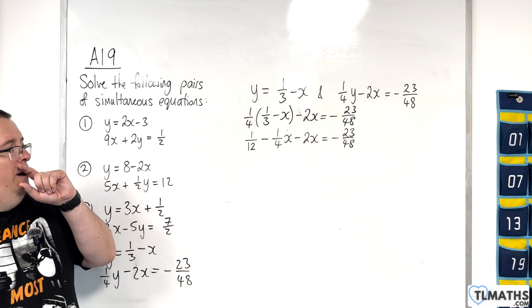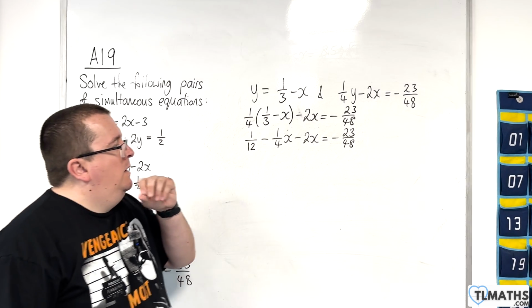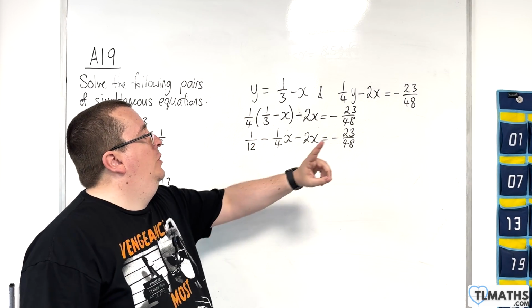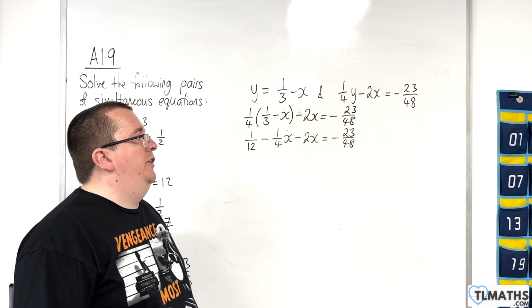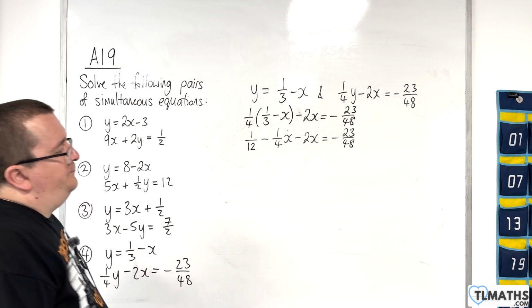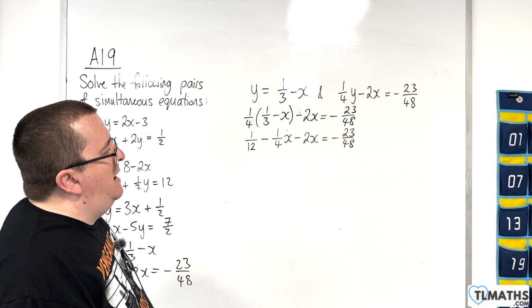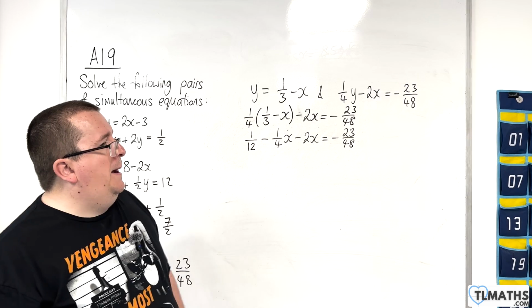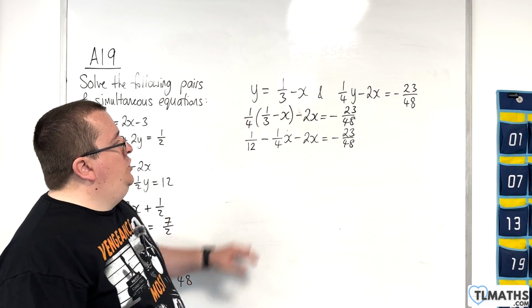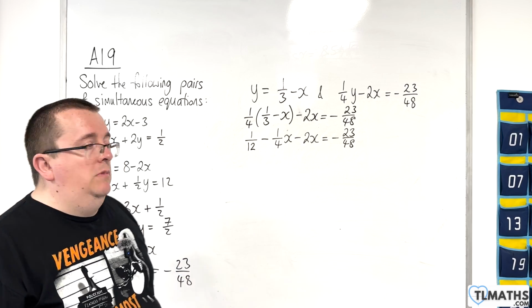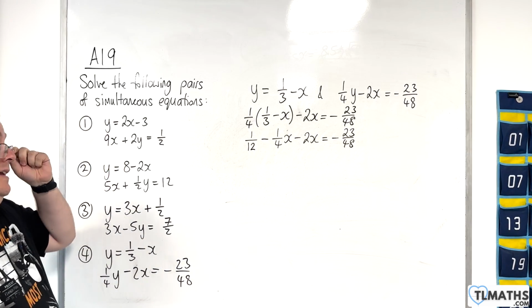Okay, now, we've got 3 fractions in, haven't we? We've got 12, 4, and 48 as denominators. So, first instinct may be to multiply through by 4. That will allow us to combine those two values of x quite easily.